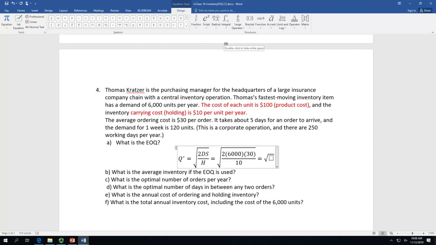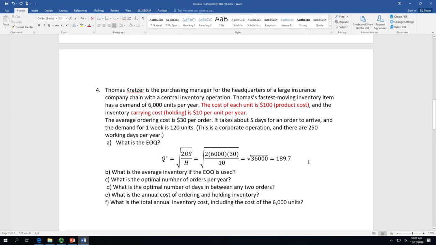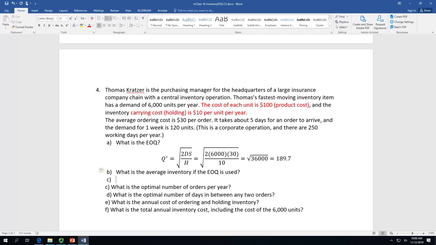It is 189.7. So that's the optimum order quantity.